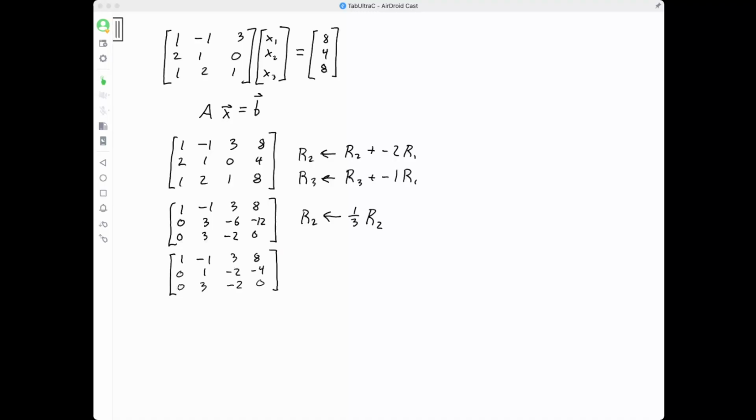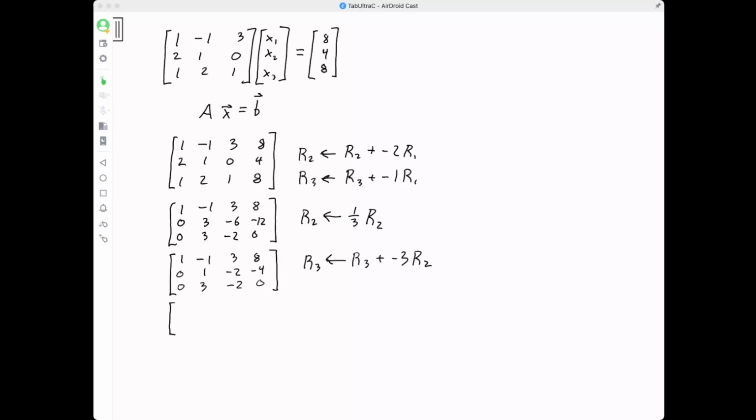Now I've got a leading 1 in the second row, and I'm going to replace row 3 because I want to clear out the information from row 3 from directly below that leading 1. I'm going to replace row 3 with row 3 plus -3 times row 2.